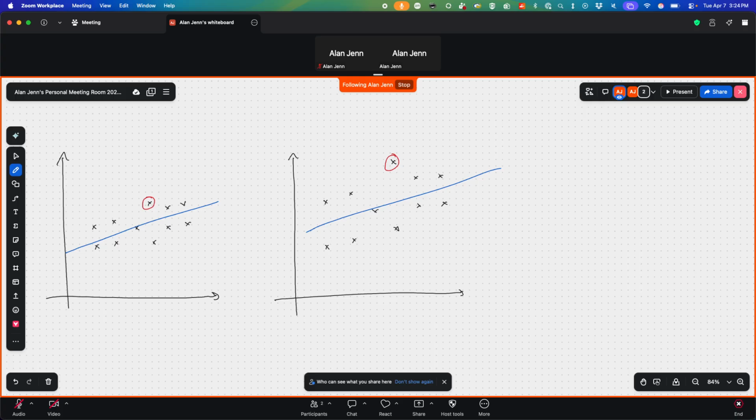Yeah, exactly, right? And so the idea is there's a larger contribution of error, and so the shift in that line as it readjusts is going to be larger because the farther away the points are, the more influence you have on what that line is doing.